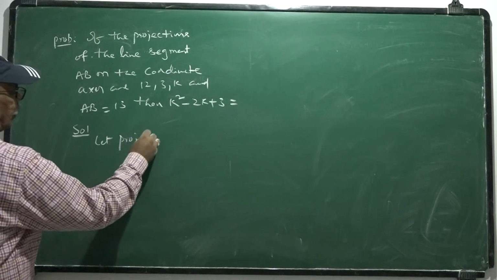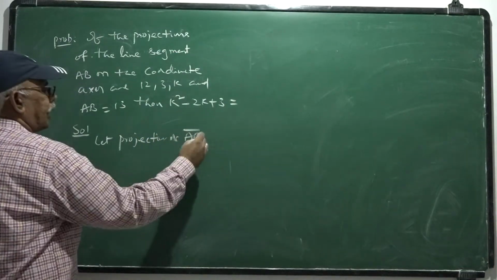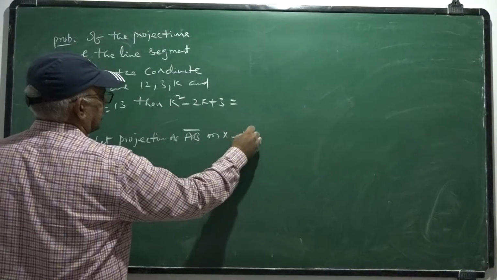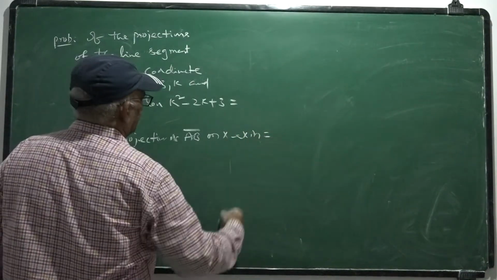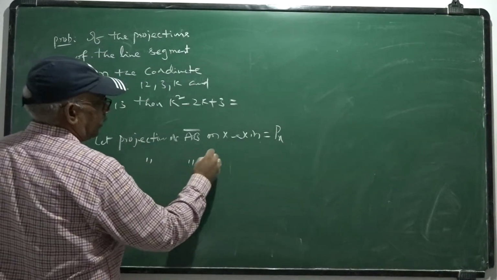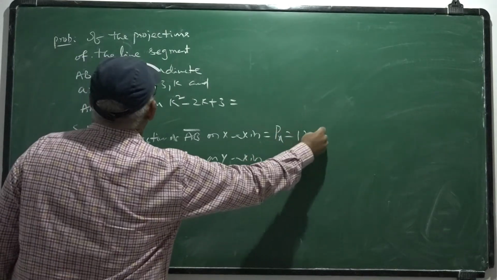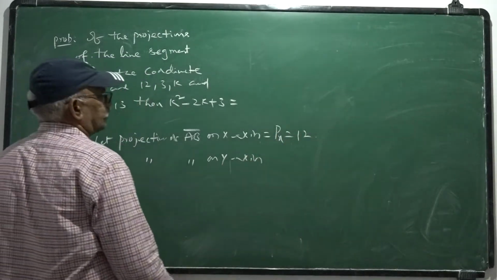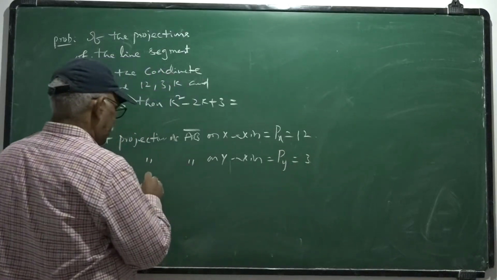Let the projection of the line segment AB on x-axis be Px, which is 12. Projection of AB on y-axis Py is 3.